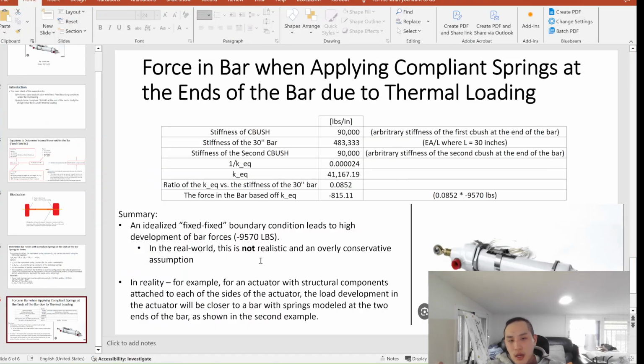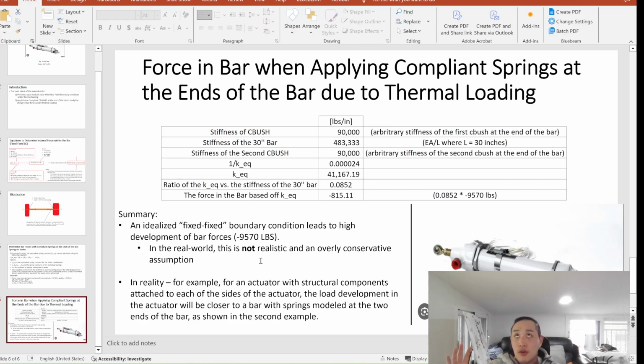So in summary, an idealized fixed boundary condition leads to high development of bar forces. In the real world, this is not realistic and is an overly conservative assumption. So definitely be careful if you ever do thermal analysis by assuming this artificially stiff boundary condition, which is not realistic.